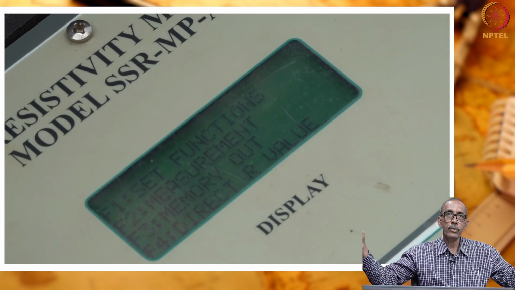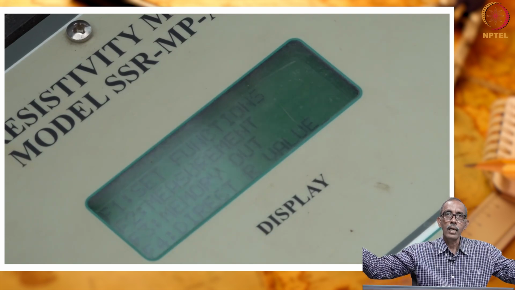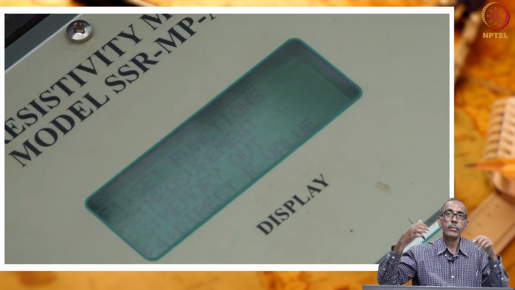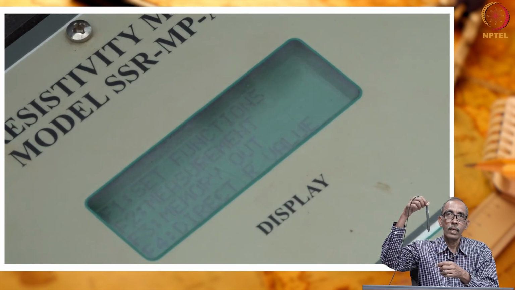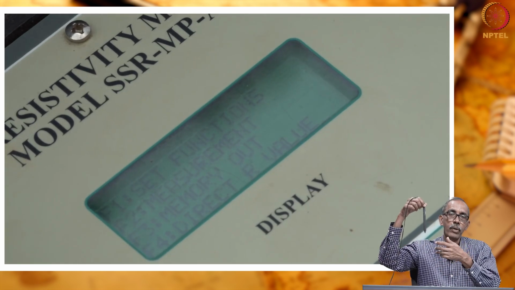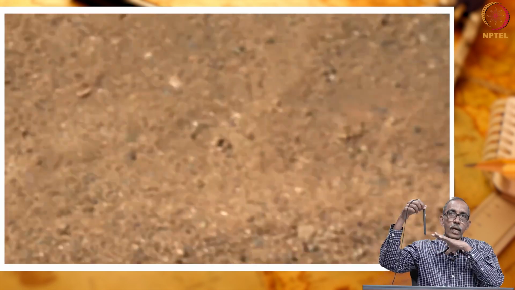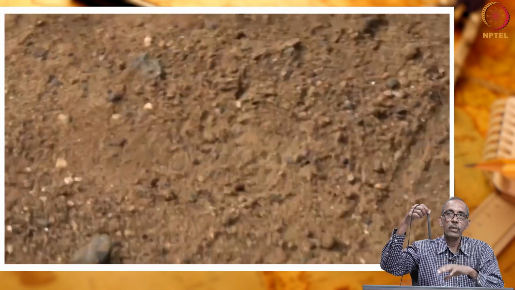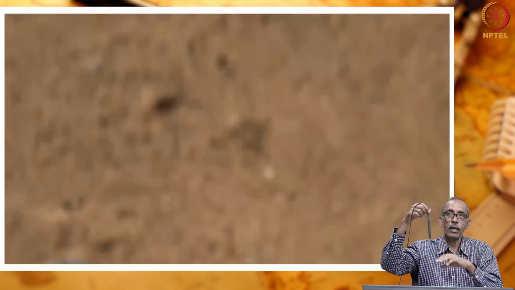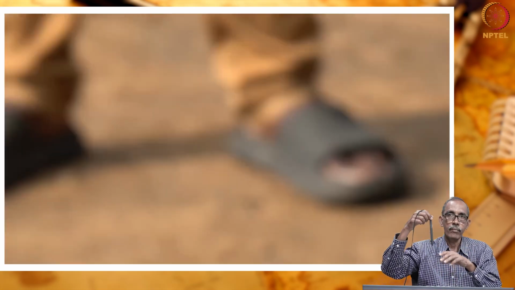Sometimes we may need to add a little bit of water to the current electrodes, or use very long current electrodes. For example, when we carry out the survey in coastal areas where we have dry sand, we may use 4 or 5 foot long electrodes for the propagation of current into the earth.